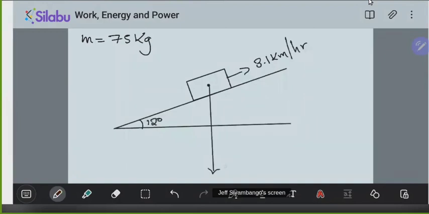The weight acts vertically downwards, but this weight can be broken down such that you have one force that acts downwards along the inclined plane, and the other force acting perpendicular to the surface of the inclined plane. But the one we are interested in is this one, the one that acts downwards.